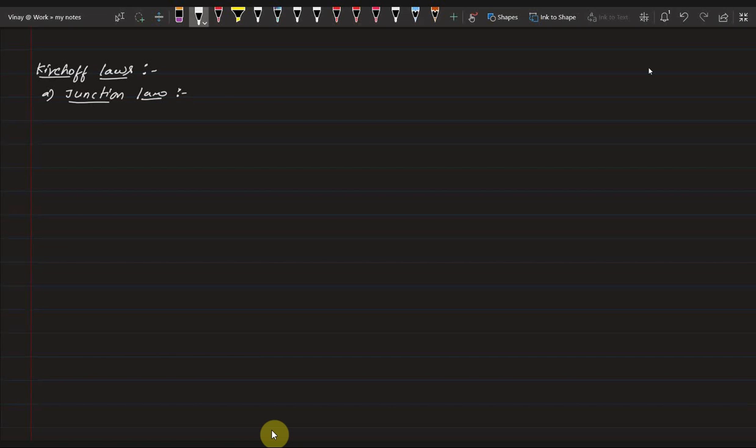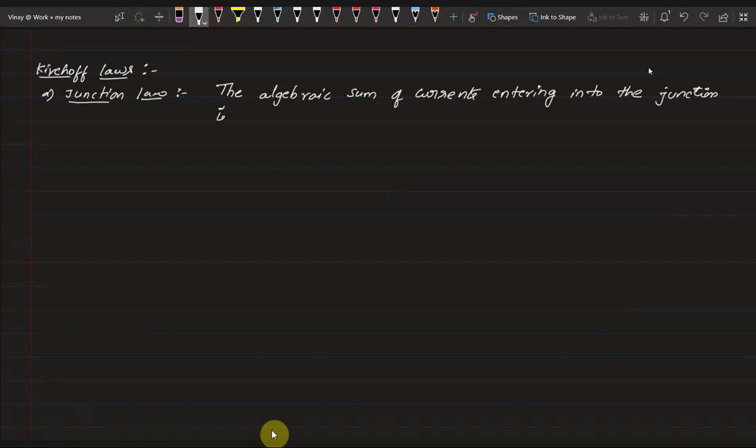What does Kirchhoff's first law mean? The algebraic sum of currents entering into the junction is equal to zero.